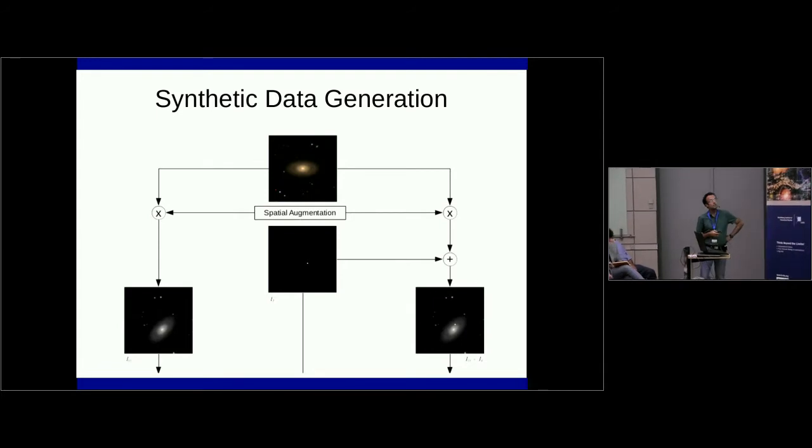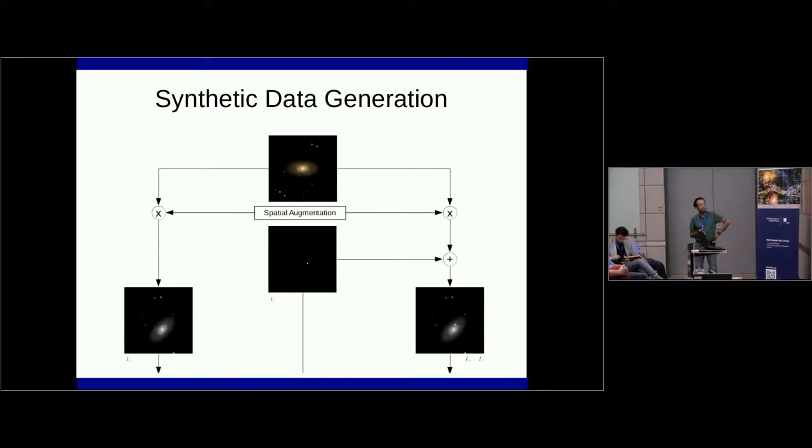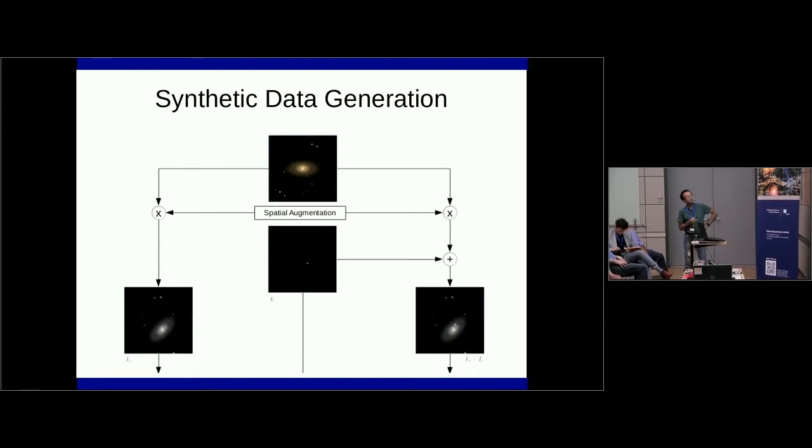Synthetic data generation, I will try to go over it quickly because there is too much stuff to talk about. So here we get a single Galaxy Zoo image. We have two branches, and this is the transient image. We add it to one of the branches. So this one is the transient that we are looking for.